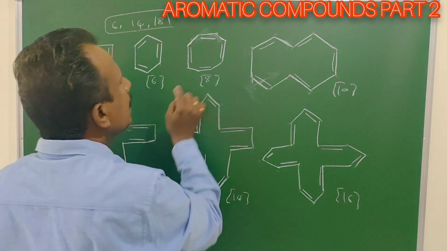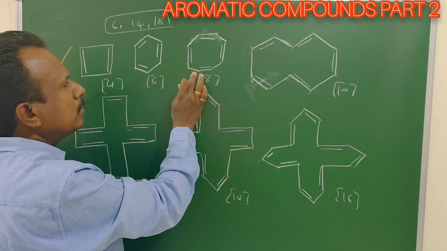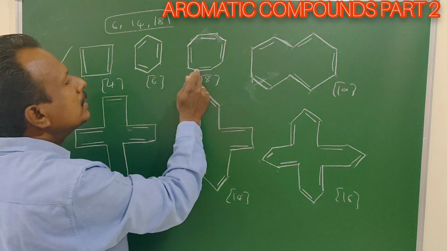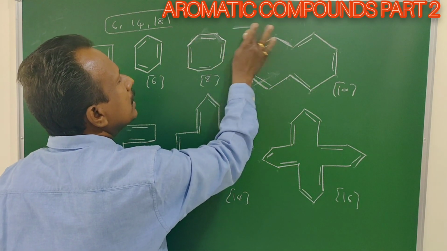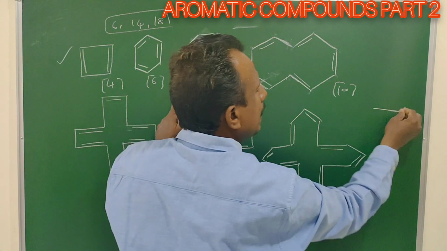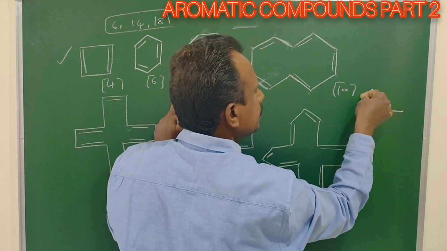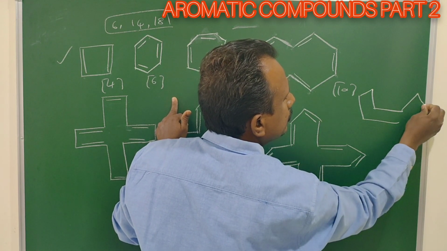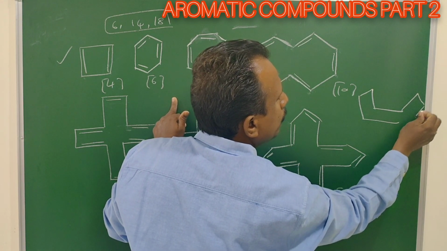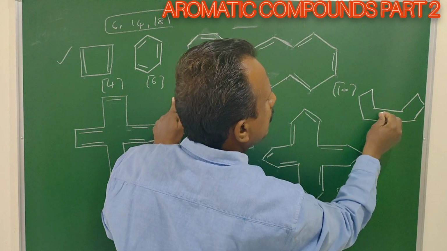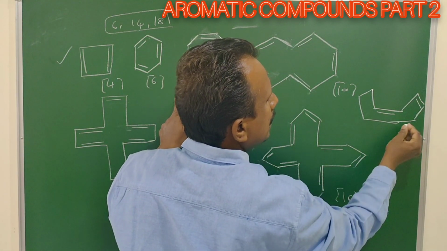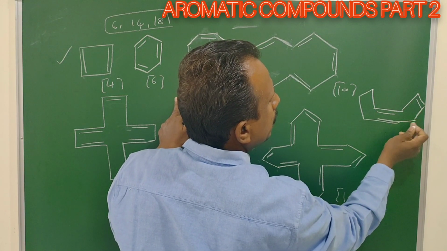[8]Annulene has a tub conformation. To attain stability, it is not a planar molecule; it is in a stable tub conformation. It is the stable tub conformation of [8]annulene.